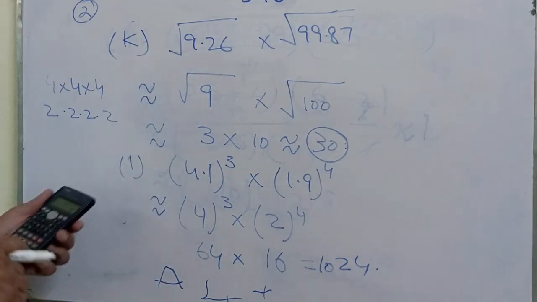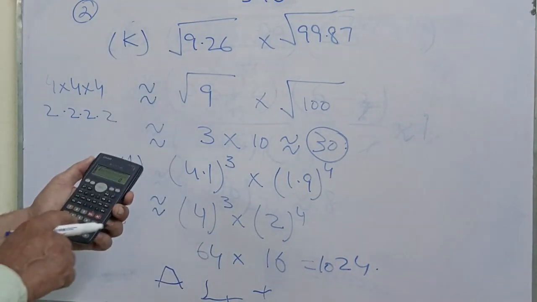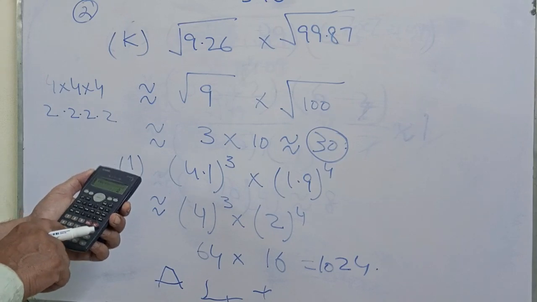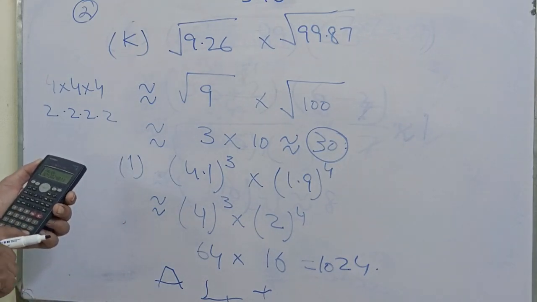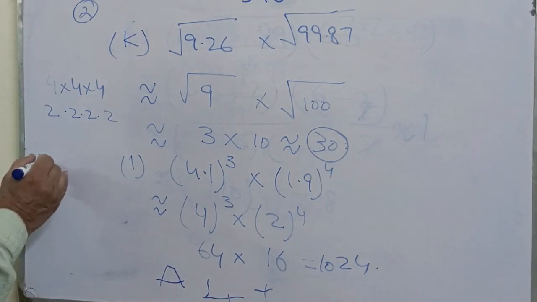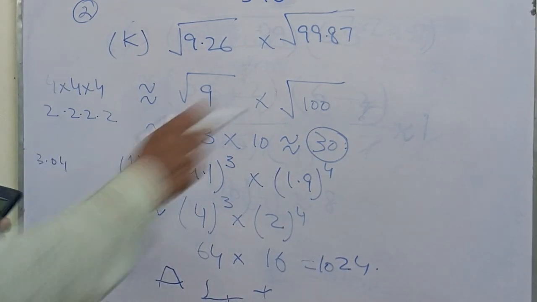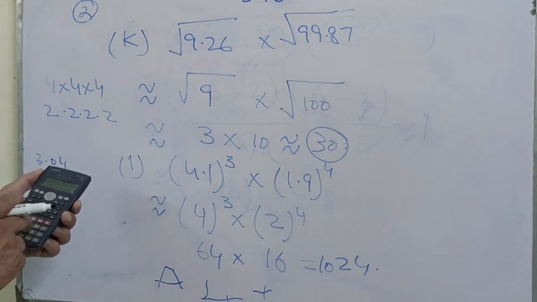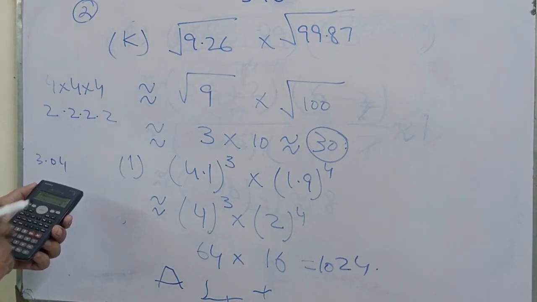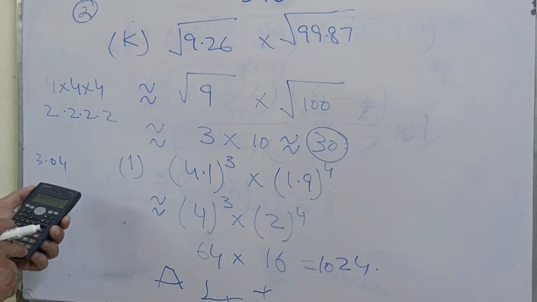Now if I do this in the calculator, it will be under root 9.26 multiplied by under root 99.87.